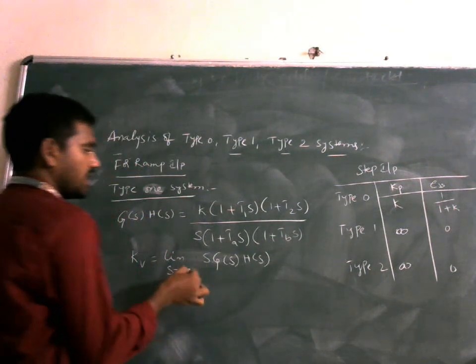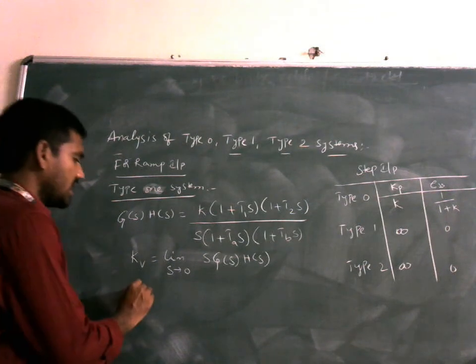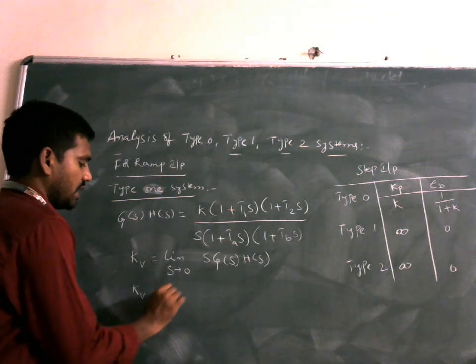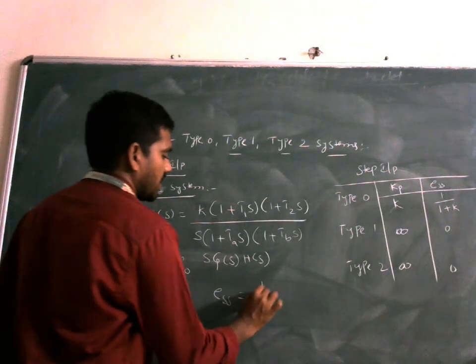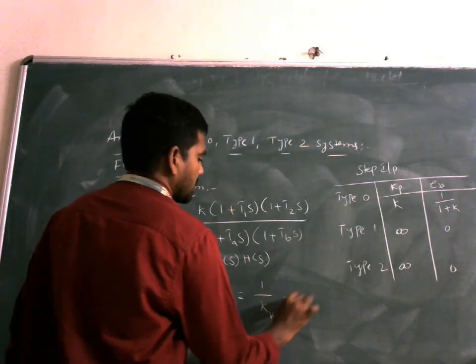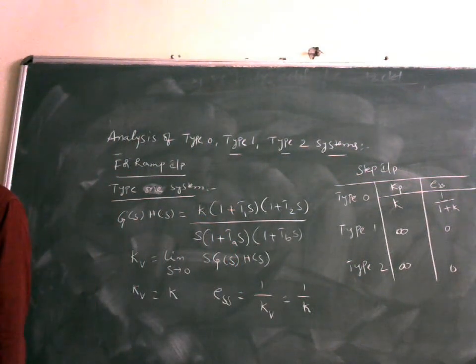In this case, the s in the numerator and the denominator will cancel. Then Kv is equal to K. Then ESS is equal to 1 by Kv, which is equal to 1 by K. That is for type 1 system.